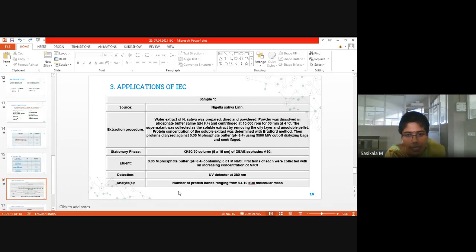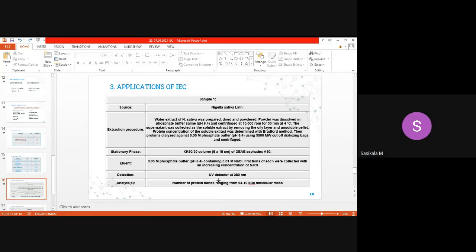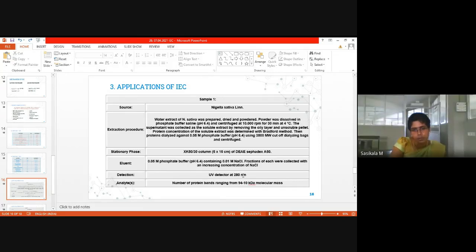Whereas a solute property detector is based on both physical and chemical properties of the analyte. The best example is UV visible detector, which is commonly used in HPLC. The advanced and sensitive form of UV visible detector is photodiode array detector, that is PDA detector, which covers the UV visible region from 200 to 800 nanometer.